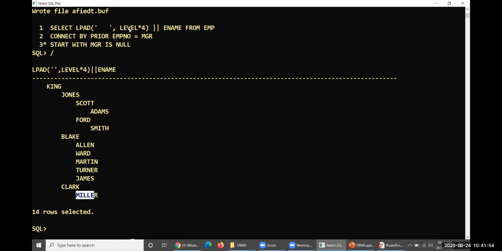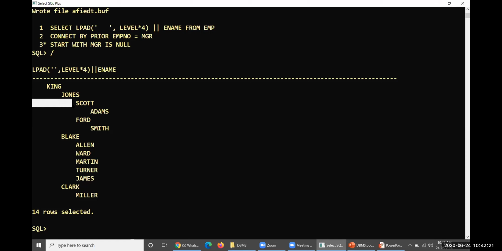So what is the level? Here it has been selected, 4 characters. If the level changes, obviously it is multiplied by 4, and into 4 in the sense that space will be produced. So this is the first level, 0 into 4, so 4 spaces will be produced here. The next level is 4 plus another 4, so totally 8.